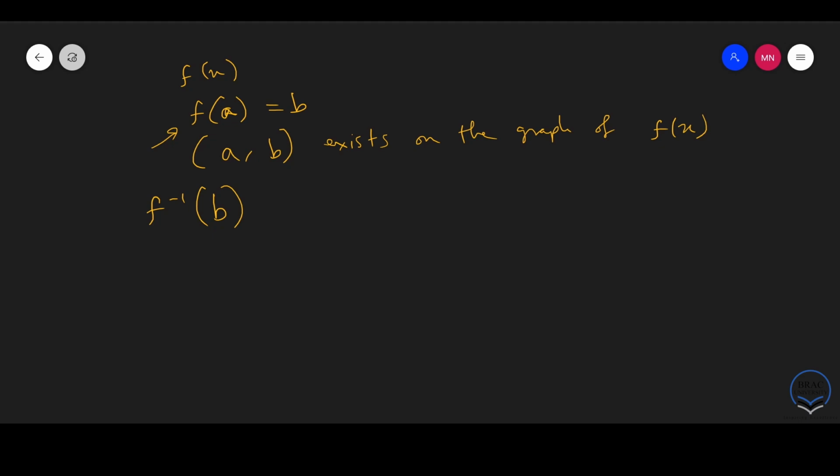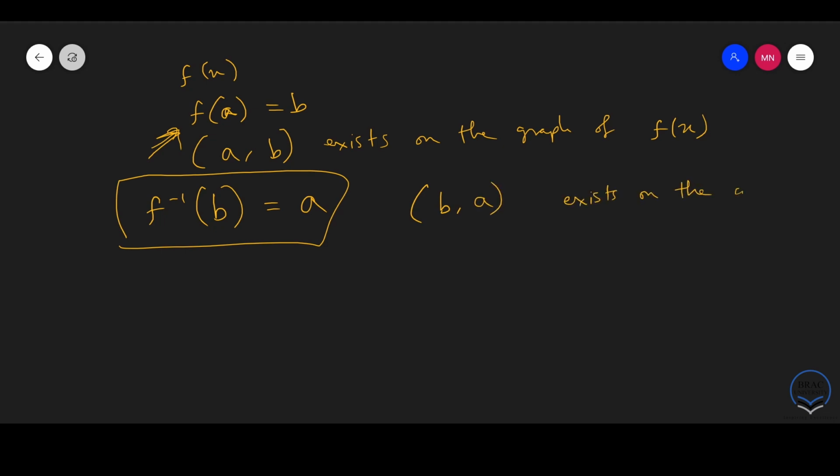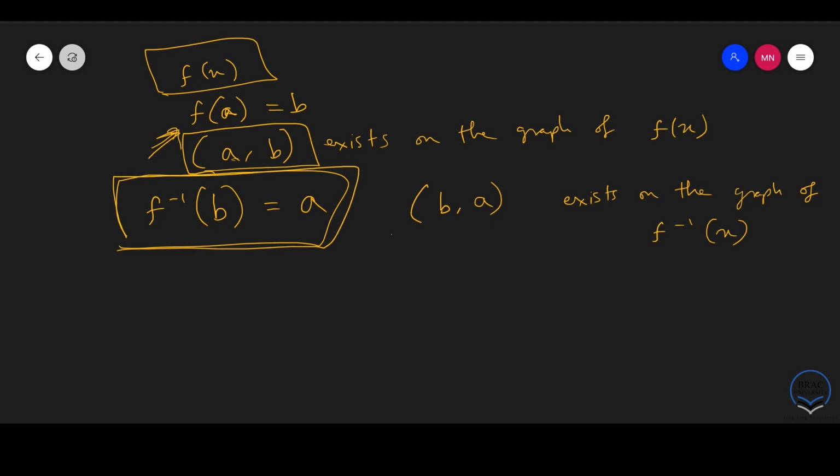So we have b as our input, and it gives us the output a, which is the input of our function f. So for the inverse function, the point b comma a exists on the graph of the inverse function. For the original function, the point a, b exists on the graph, but for the inverse function, the point b, a exists on the graph. So the elements just get interchanged.